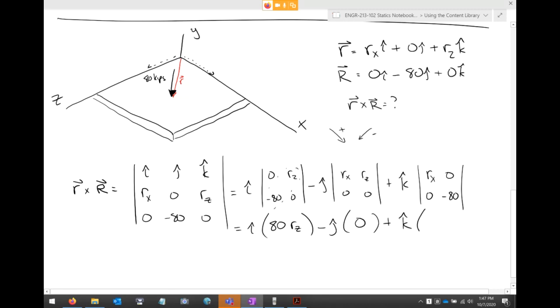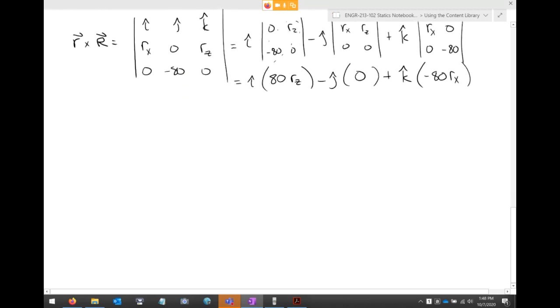And then K is minus 80 RX minus 0. So I'm getting 80 RZ times I plus 0J, and then minus 80 RX times K.